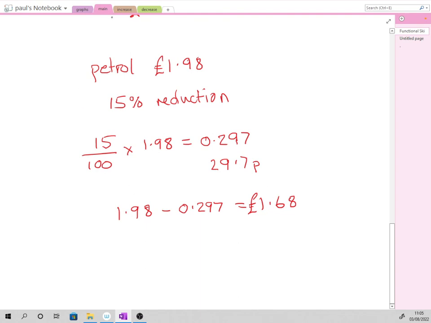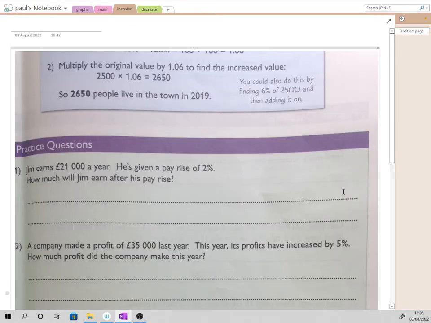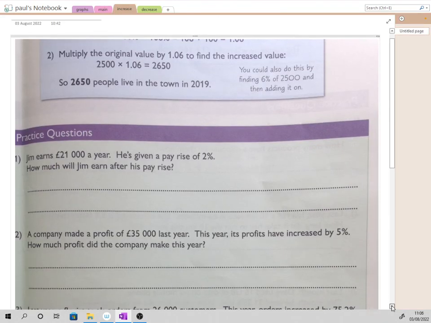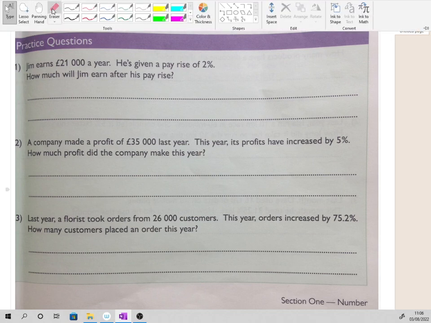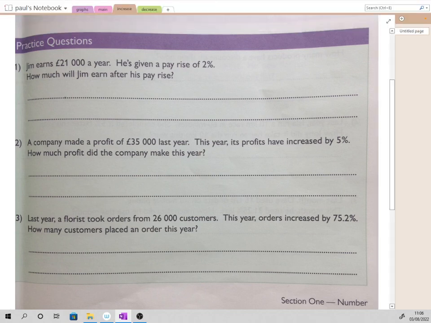Excuse me. So let's have a look at some examples that they want to give us out of this book. Right, Jim earns £21,000 a year. He's given a pay rise of 2%. How much will Jim earn after his pay rise? So 2% of £21,000.